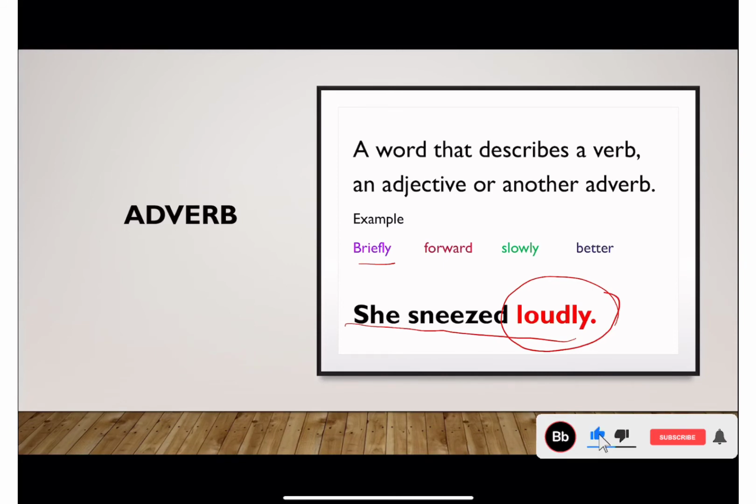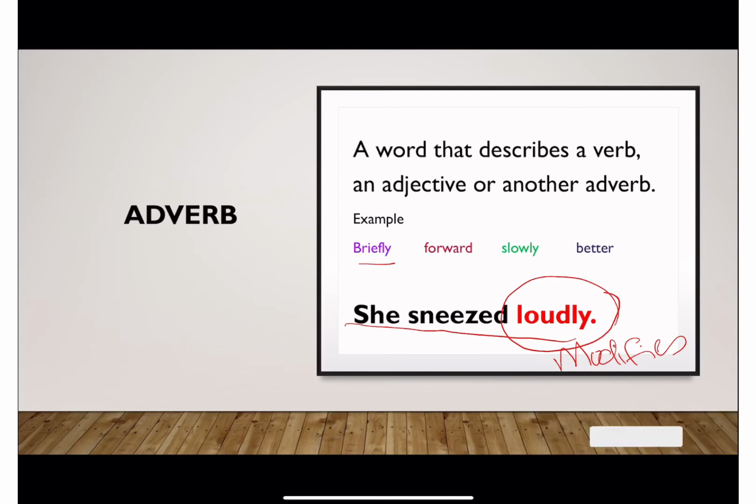What I am saying is loudly modifies the verb sneezed. An adverb sentence could also be, her sneezes are really dramatic. Really would modify the adjective dramatic. Let's look at another one.